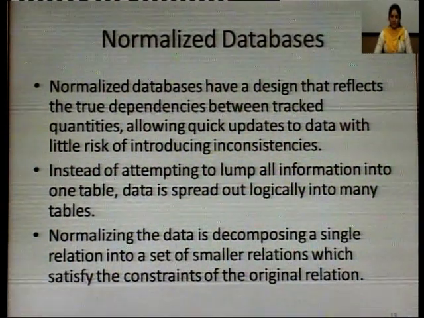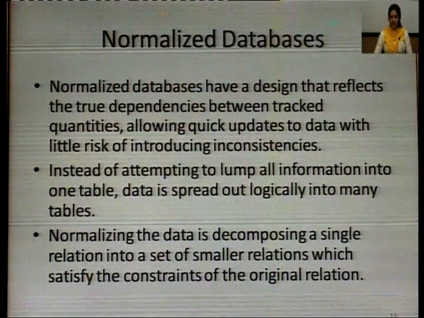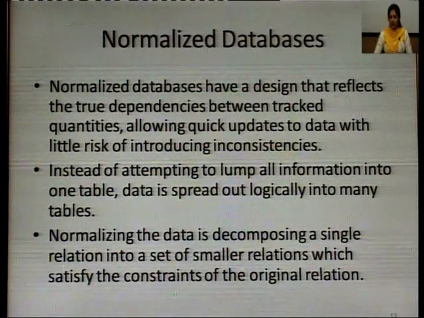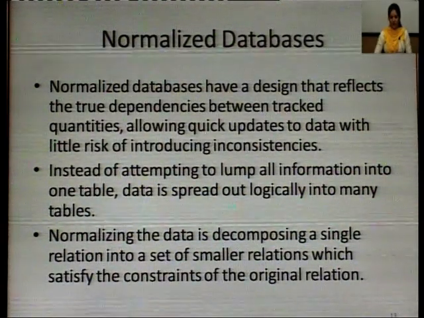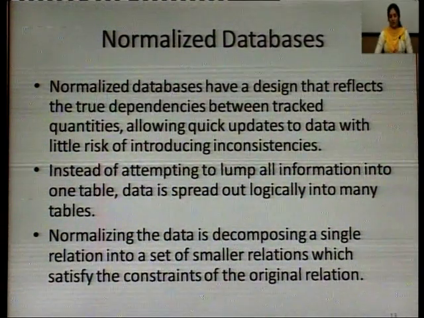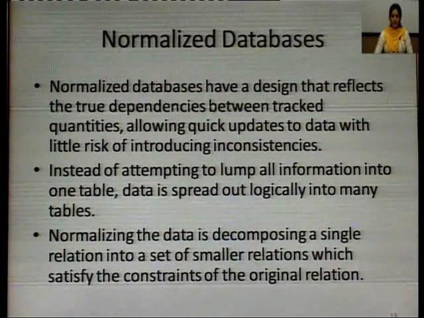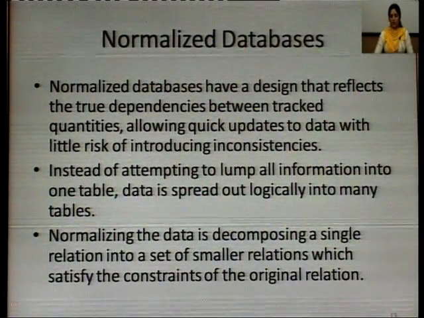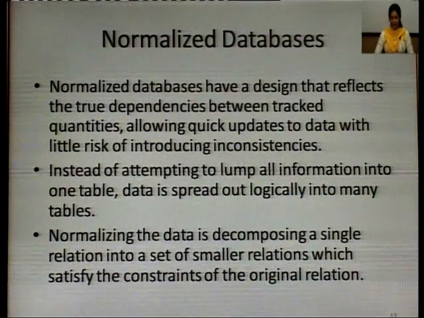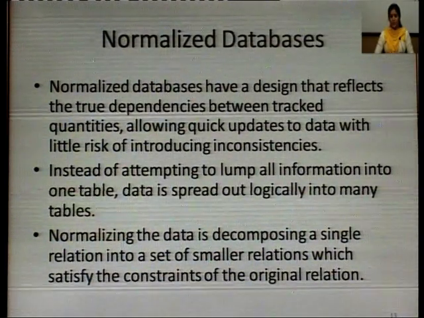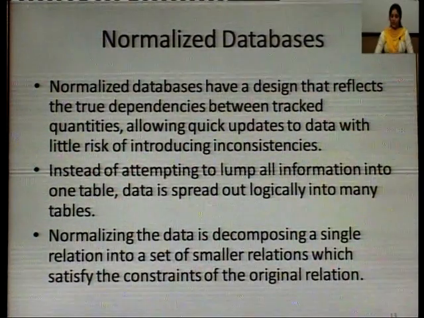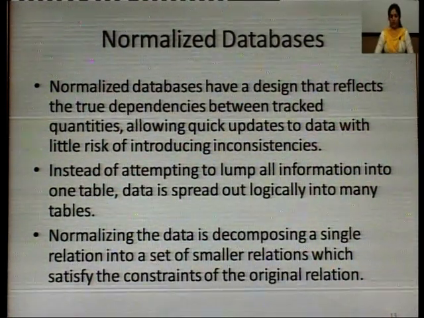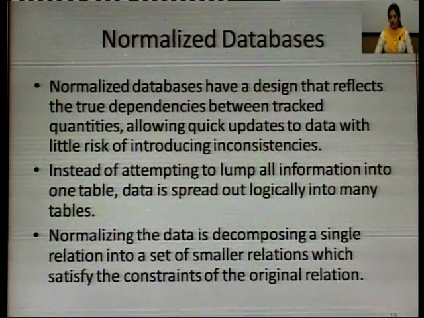Normalizing the data is decomposing a single relation into a set of smaller relations which satisfy the constraints of the original relation. By normalizing, what we are doing is decomposing a single table, which is a relation, into different smaller relations which will be satisfying the constraints of the original relation.